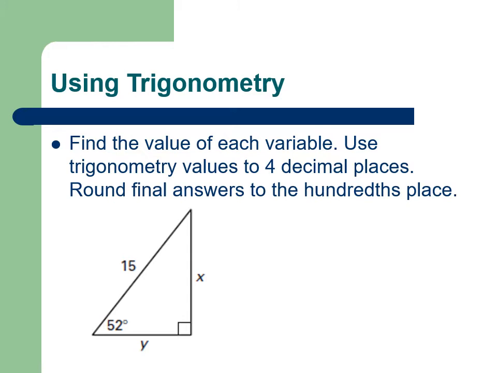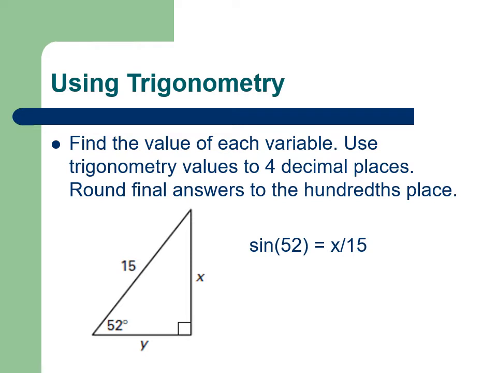I'm given the hypotenuse is 15, so which trig function, if I think to SOHCAHTOA, uses the opposite side and the hypotenuse? The trig function that does that is sine. So let me show you how I would set this up. Sine of 52, which means I have the ratio of opposite over hypotenuse.